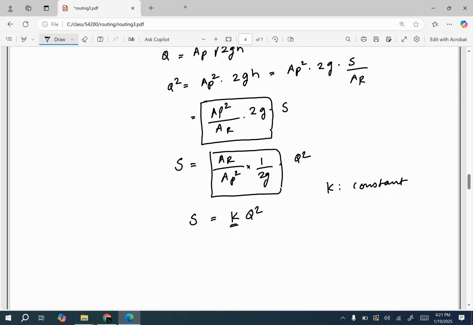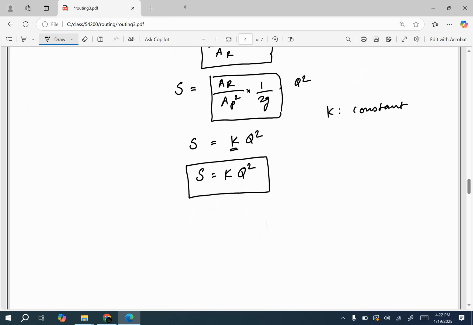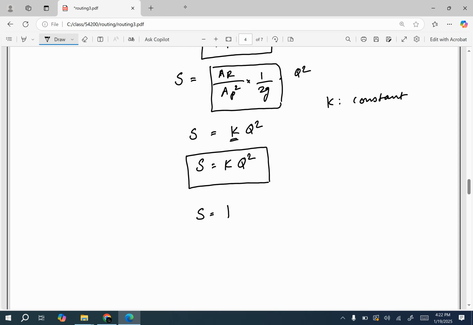So what I have here is a non-linear reservoir, because the storage and discharge have a non-linear relationship. I can generalize this by saying that S is equal to K Q to the power of N. When N is not equal to 1, we have a non-linear reservoir, and when N is equal to 1, we have a linear reservoir.